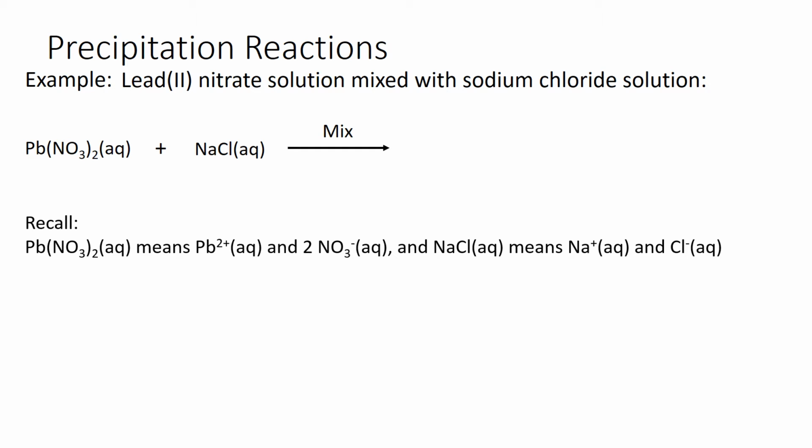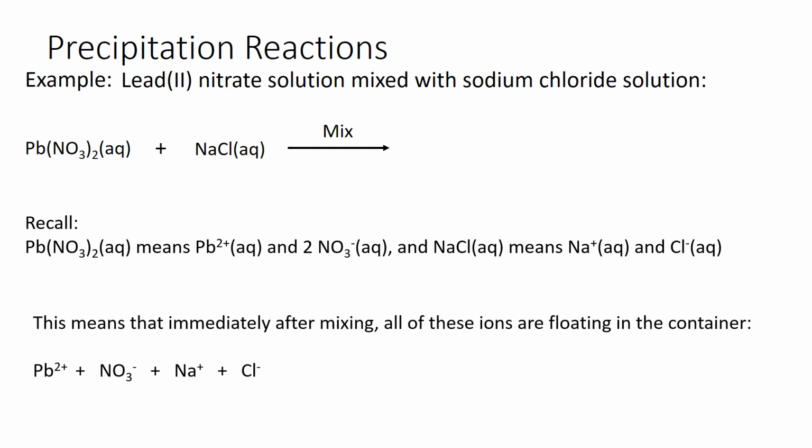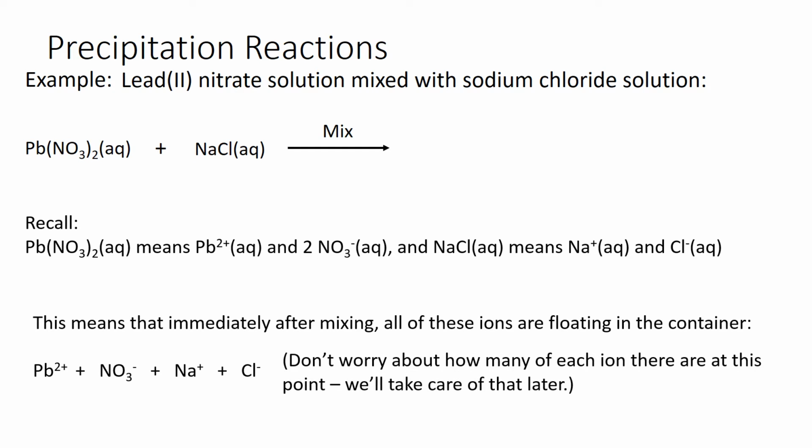So immediately after mixing, what we have in the container are lead 2 ions, nitrate ions, sodium ions, and chloride ions. We're not going to worry at this point about how many of each there are. We're going to worry about that at the very end. Right now, all we want to do is identify what's there, and that's what we've done.